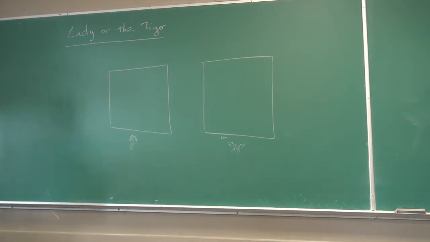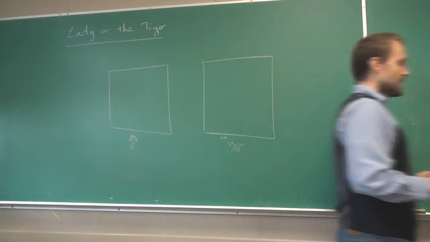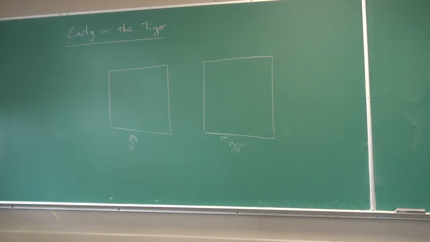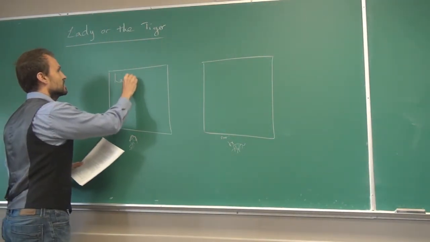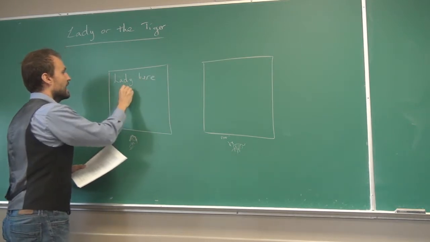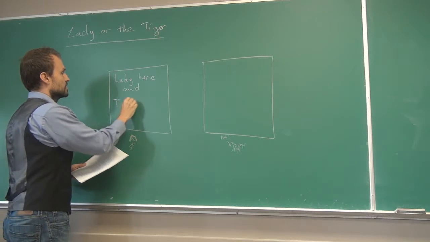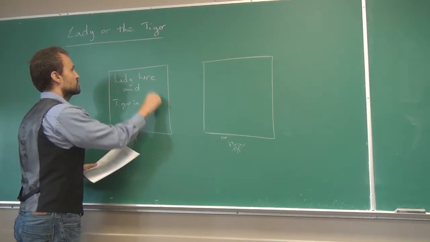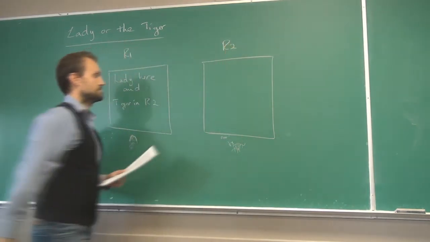The first sign says, in this room there is a lady, and in the other room there is a tiger. So, lady here, and tiger in room 2. Let's say this is room 1 and this is room 2.